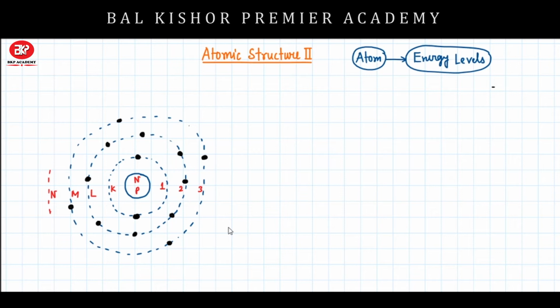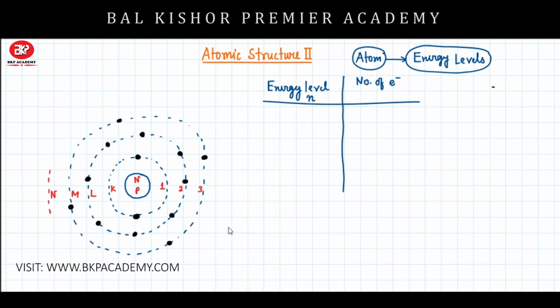So how many electrons will there be in each energy level? Let us see. If n is the number of the energy level, then 2n square is the number of electrons in that energy level.